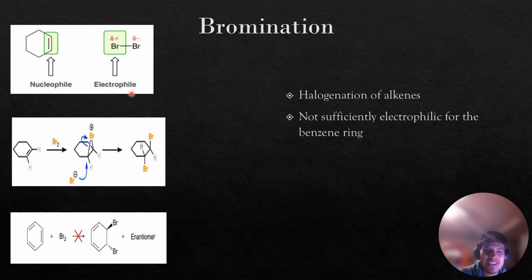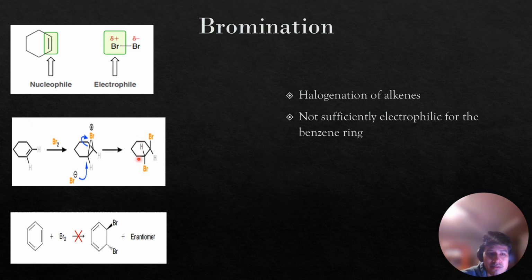The alkene would attack the Br2, giving us an intermediate in which the negatively charged bromine would then attack the intermediate and restore stability in the molecule.